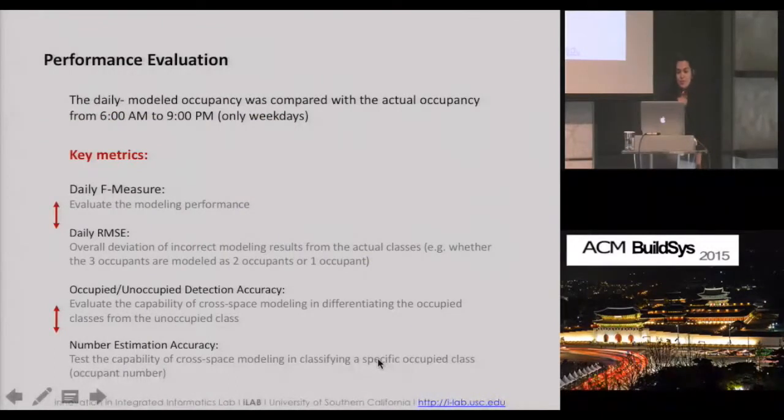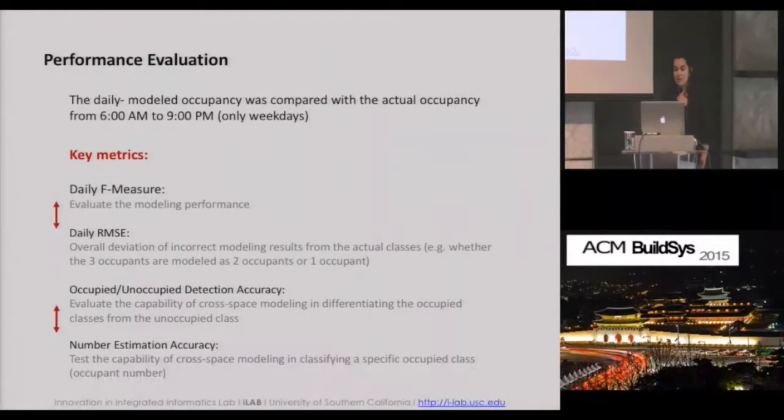To be able to evaluate the performance, we calculated daily model occupancies and compared them with the actual occupancies from only 6 a.m. to 9 p.m. and only weekdays. And we calculated different metrics, so the F measure, and then we calculated the daily RMSE, and we compared those two.